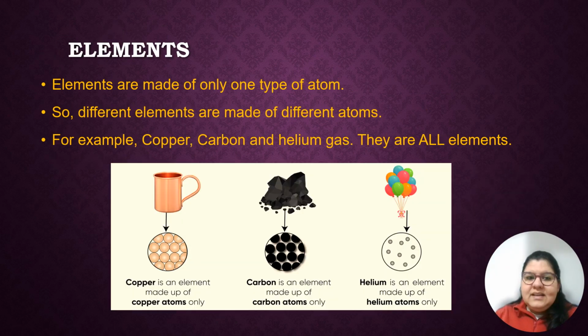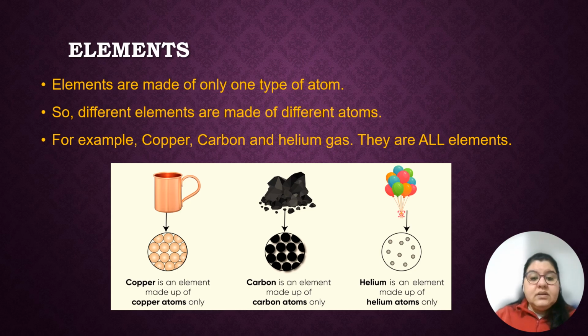Elements. An element is a pure substance that is made from only one type of atom. Everything in the universe contains the atoms of one or more elements. The atoms in one element are all the same as each other, but they are different from the atoms of any other element. Can you understand this?